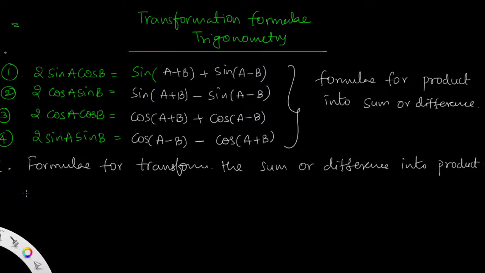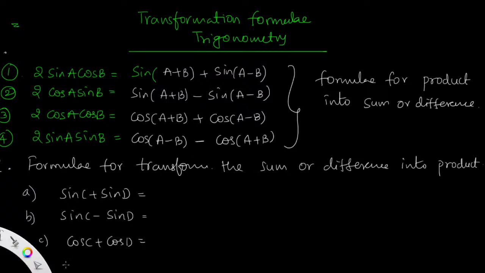The formulas are sin C plus sin D, sin C minus sin D, third cos C plus cos D, and fourth cos C minus cos D. So the first one: sin C plus sin D is 2 sin of (C plus D) by 2 into cos of (C minus D) by 2.